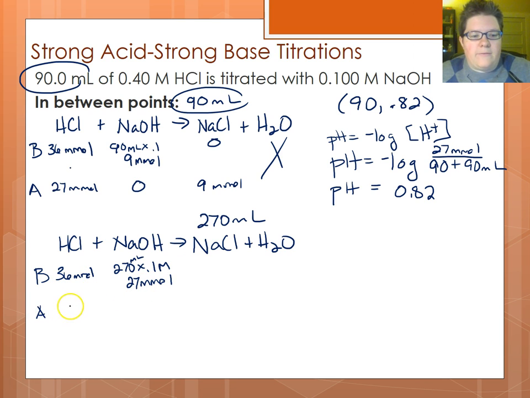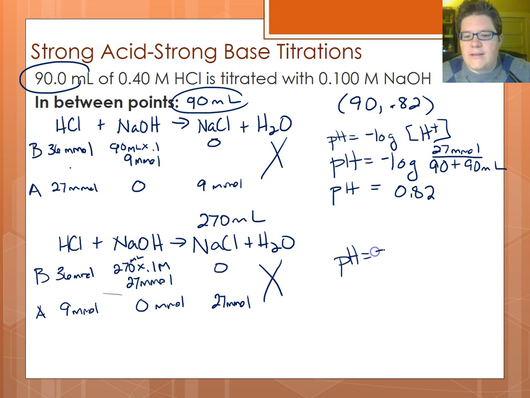After we will have 9 left over, and then here we'll have nothing. Because again, 27 minus 27 is 0, 36 minus 27 is 9. Over here we are adding 27. So if we're subtracting 27 millimoles on this side, we have to be adding 27 millimoles on this side. And again, still don't care about water. And so pH on this side is the negative log of H+, which in this case is 9 millimoles.